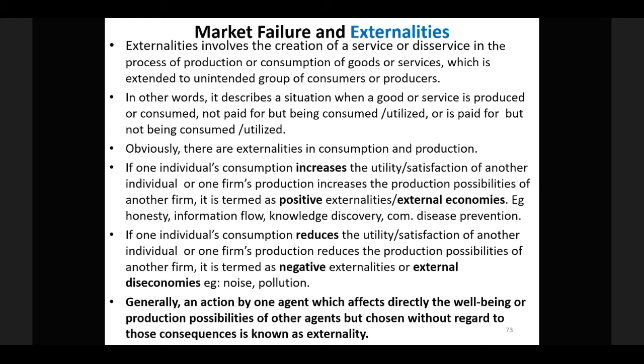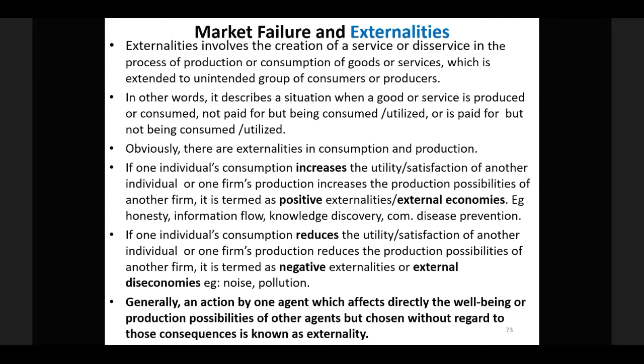Obviously, there are externalities in consumption and production. From this perspective, if one individual's consumption increases the quantity or satisfaction of another individual, then we say there is a positive externality.